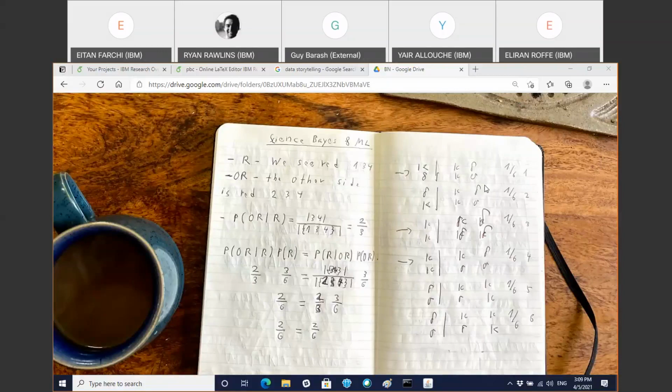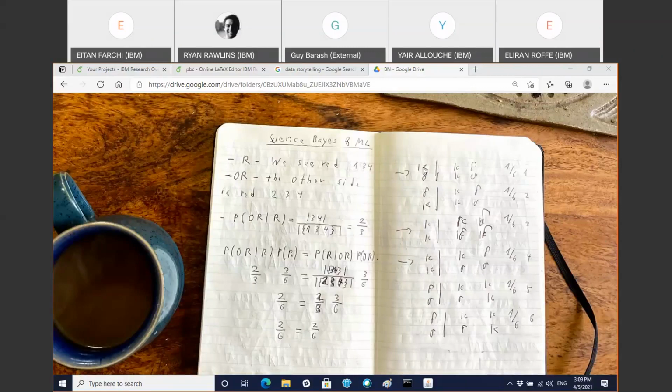Okay? So here I've chosen the red to be on the top, on the visible side, and the white to be on the invisible side. If both sides are red, like in this line, it doesn't matter, right? I flip it and randomly choose one of the sides, but it doesn't matter because in both cases I would see a red on the top.